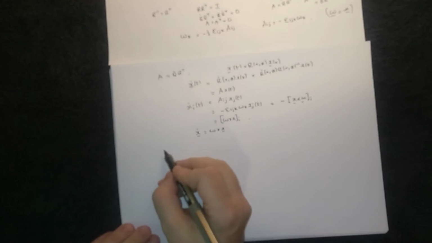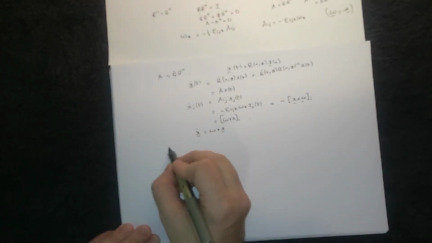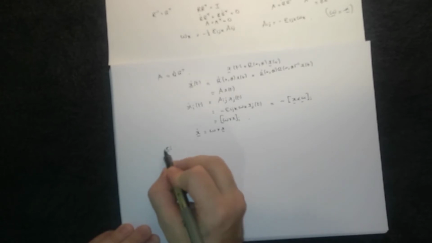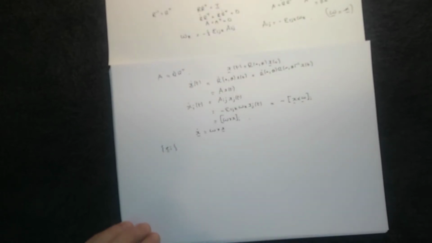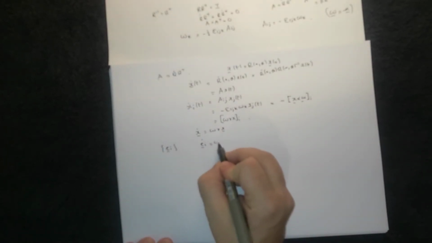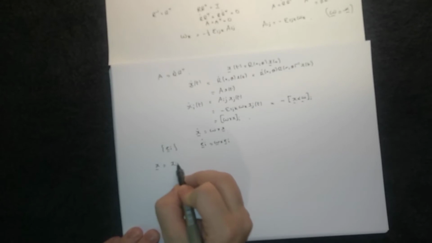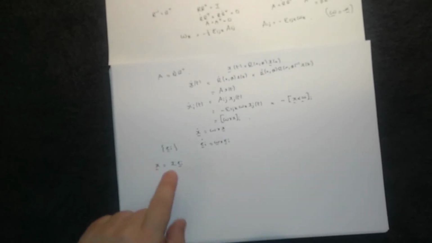Now let's consider a basis which is rotating with the frame. We'll have that e_i for i equals 1, 2 and 3 being a basis. Then we have e_i dot is omega cross e_i. And now let x be x_i e_i. Again, we have summation implied here.